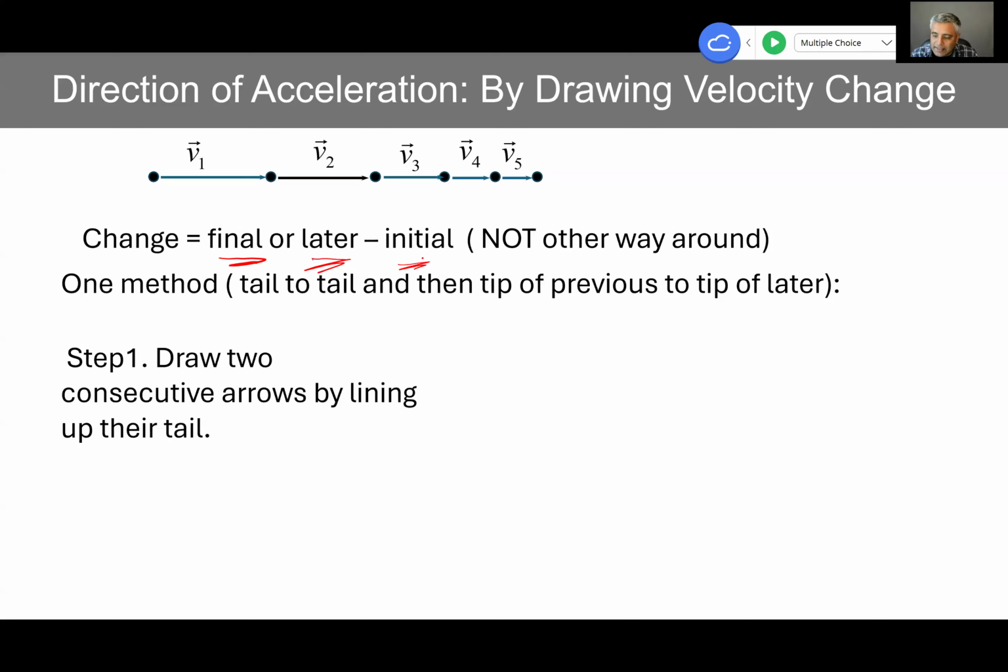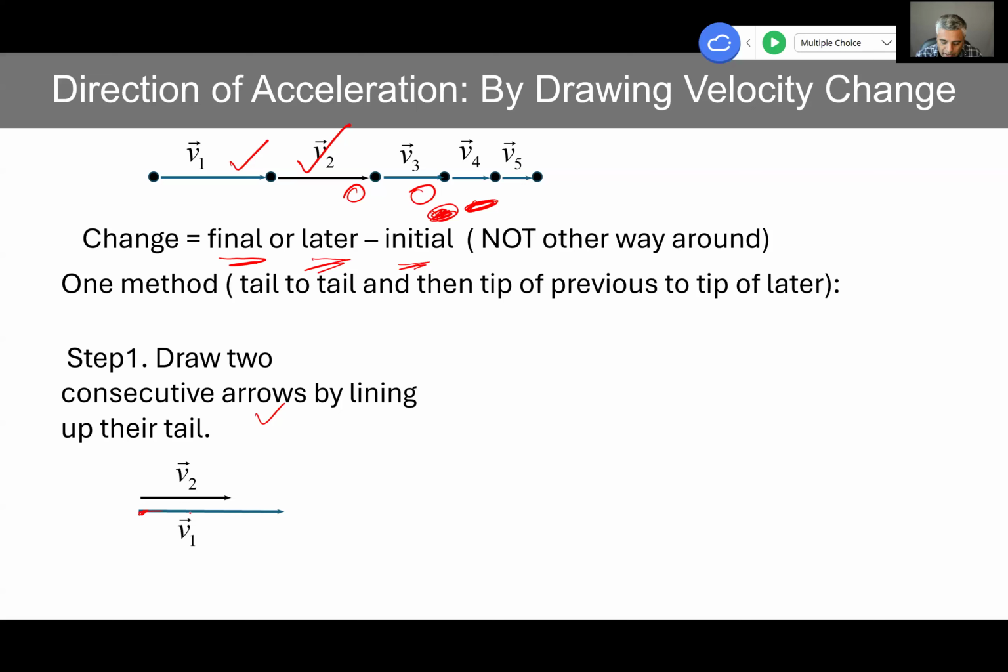So how do we draw it? Draw two consecutive arrows, means either this and that, or this one and that one, and so on. That's what consecutive arrows means, two arrows. So I'm grabbing v2 and v1.